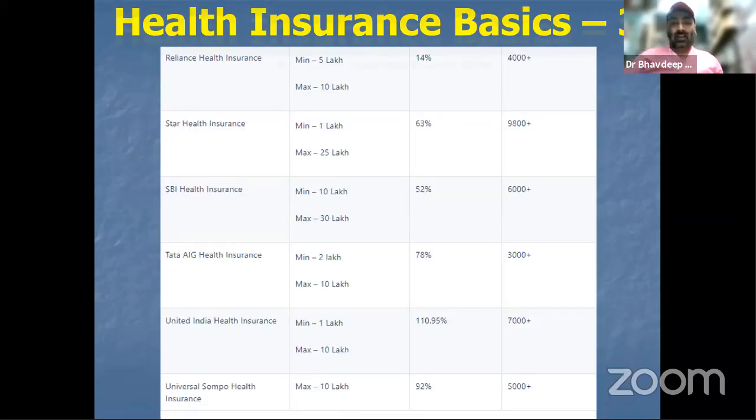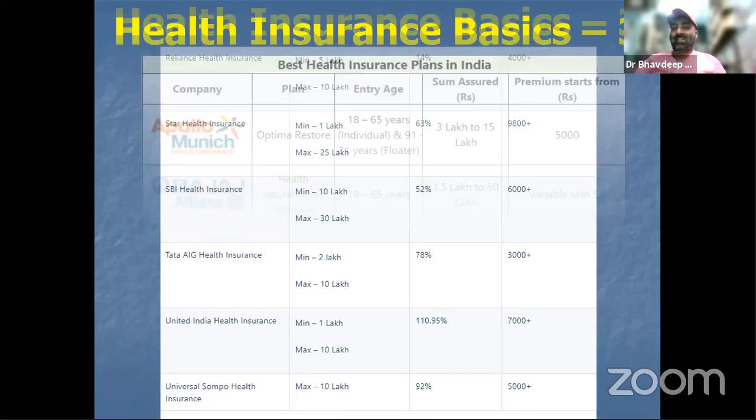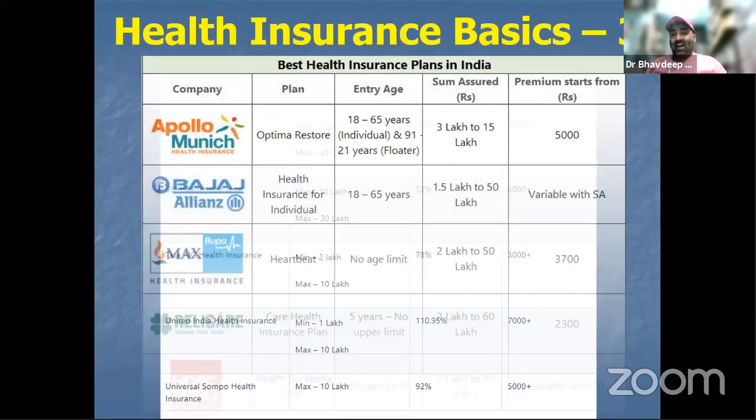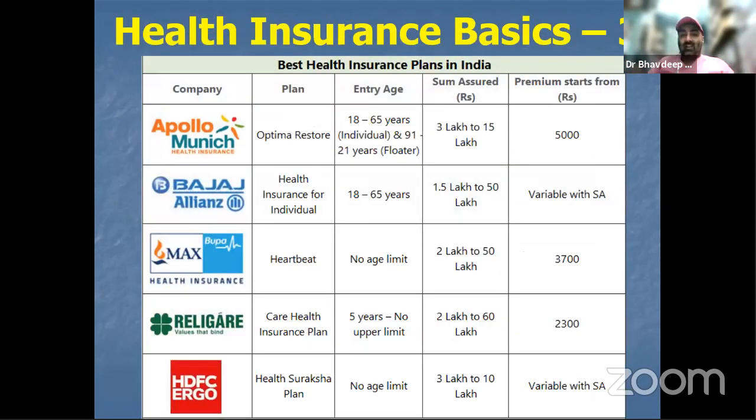Again, the bottom line. What are the best health insurance plans in India? From all the list, I have concised it to top 5 to basically simplify your search. Apollo Munich, of course, available under HDFC Ergo only now, but the plans which are available under Apollo Munich will be available separately, like Apollo Optima Restore or another Optima.